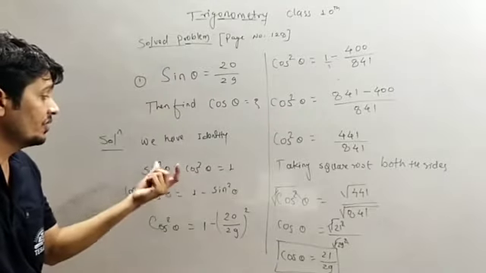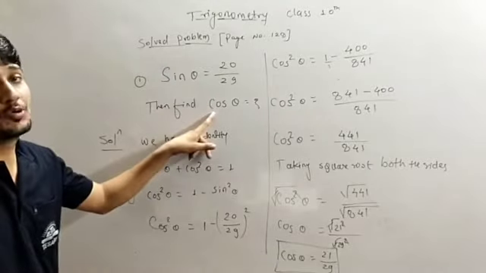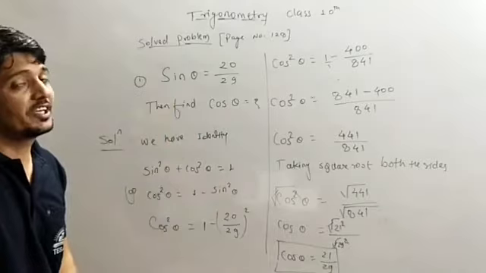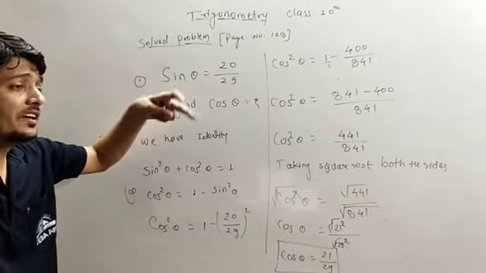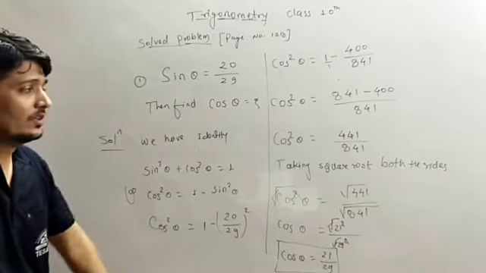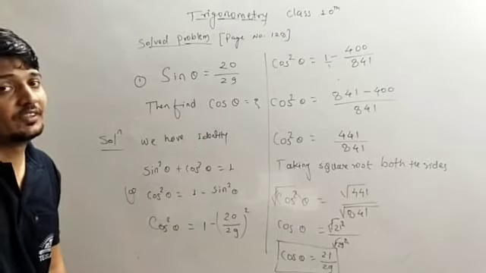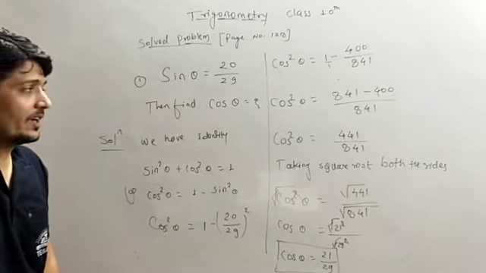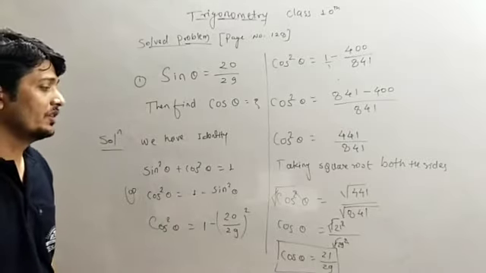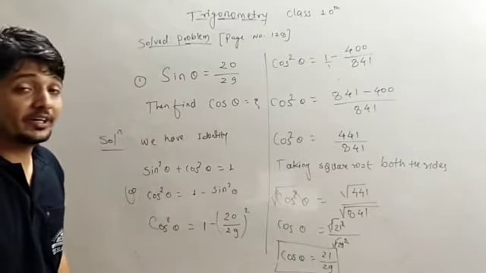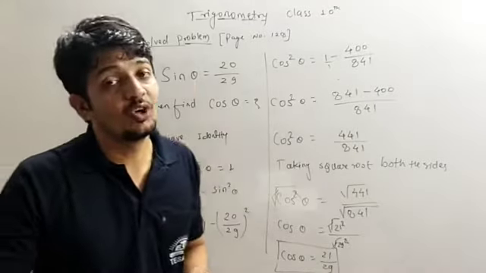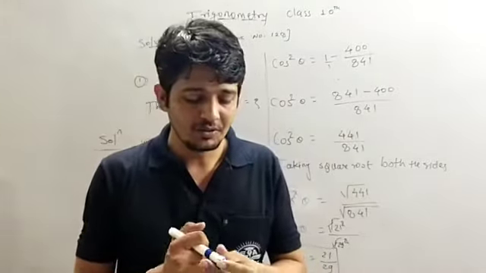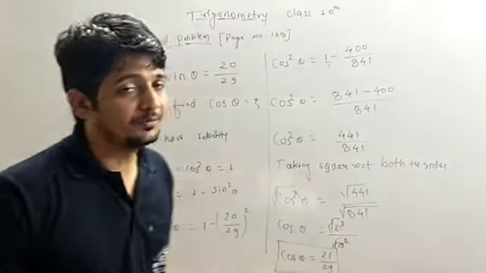But the question only asks for the value of cos theta, that's why we calculated the value of cos theta. Otherwise, on that basis we can identify all the ratios of trigonometry. If you want to write, you can write, because it is very important. We have 3 questions in your homework which we have to solve, so write down now.